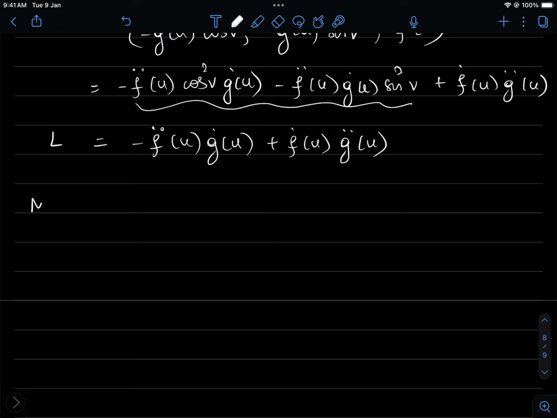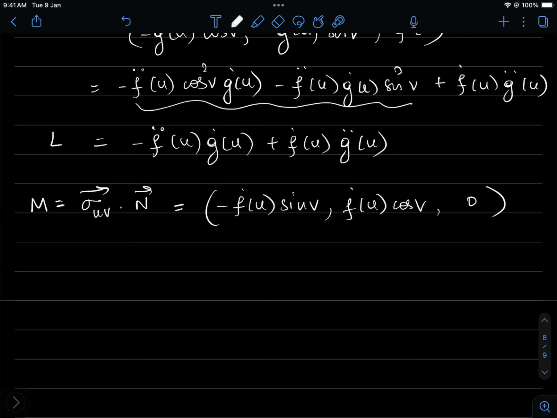So let's find out what M is. M is sigma uv dot n. What is sigma uv? Sigma uv is minus f dot u sin v, then f dot u cos v, and this is 0.